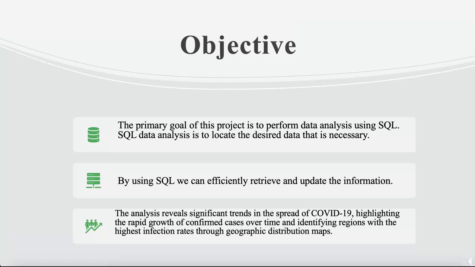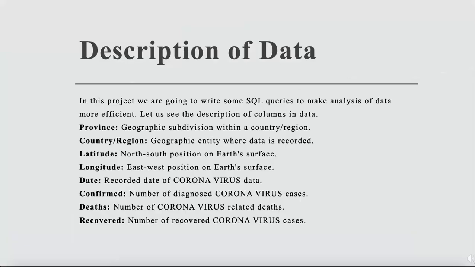By this analysis, it reveals significant trends in the spread of COVID-19. For this, we can find the maximum of confirmed cases, deaths, and recovered cases. And we can also see which countries have the highest death rates and highest recovery rates, etc.